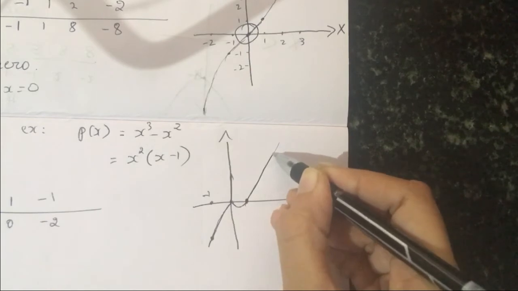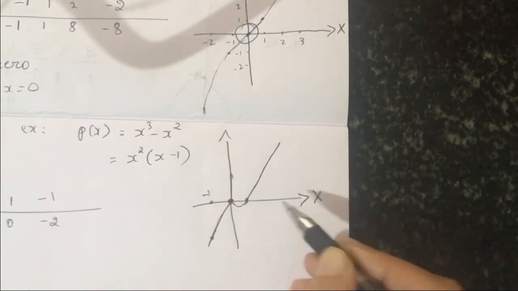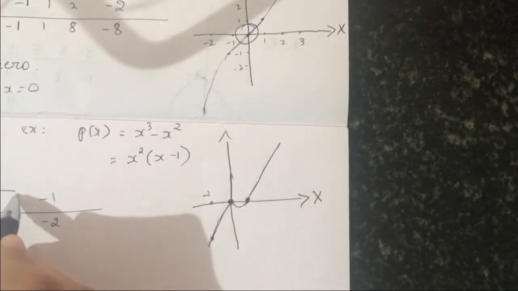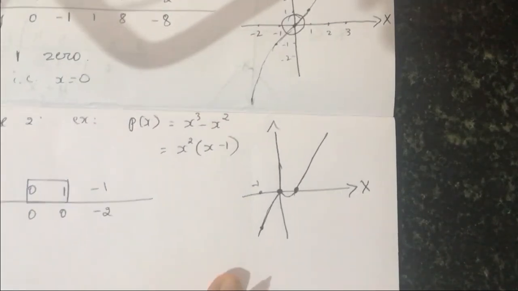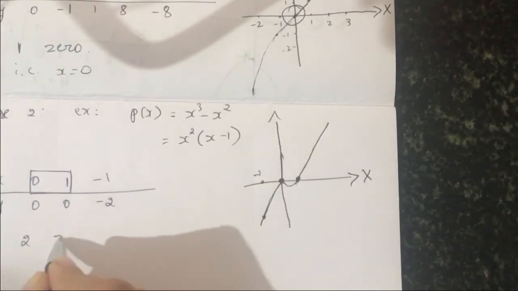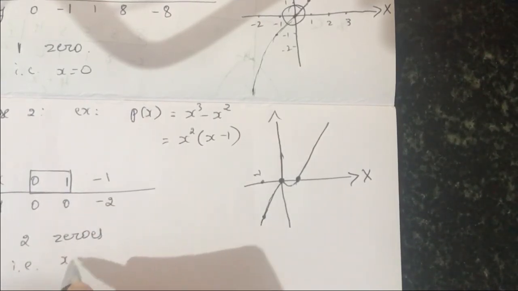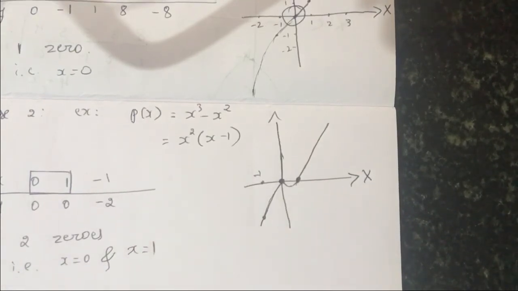It is intersecting the x-axis at 2 points. One is here and another one is here. So 2 zeros you have got, that is x equal to 0 and x equal to 1.